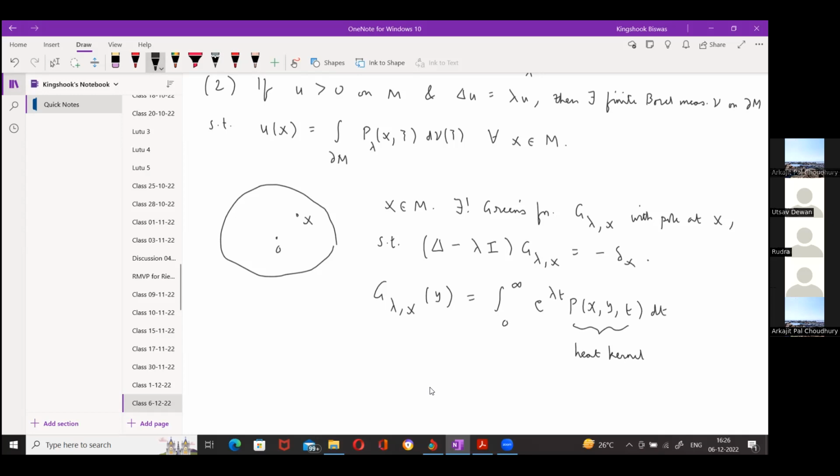So if lambda is 0, it's just the integral of the heat kernel dt in the t variable. Otherwise, it's e to the lambda t. The point is this integral converges for lambda bigger than minus lambda 1.